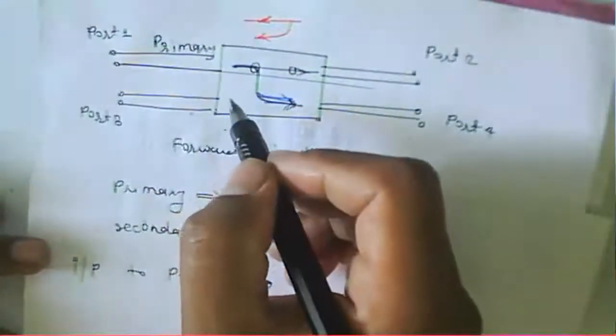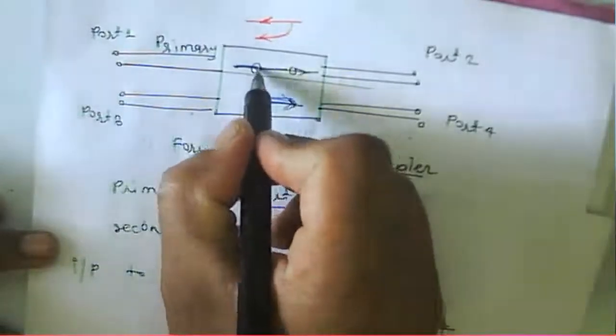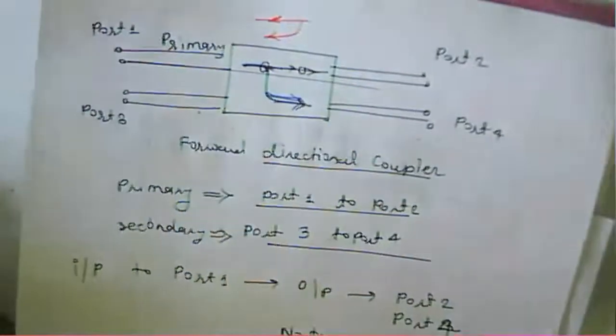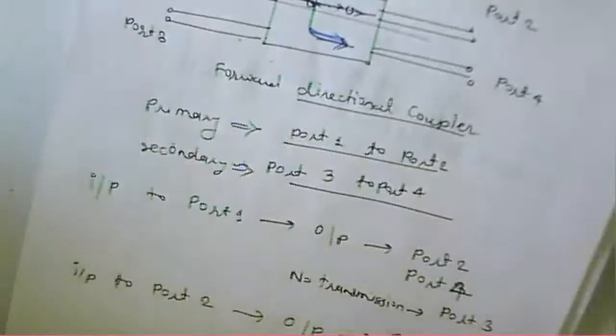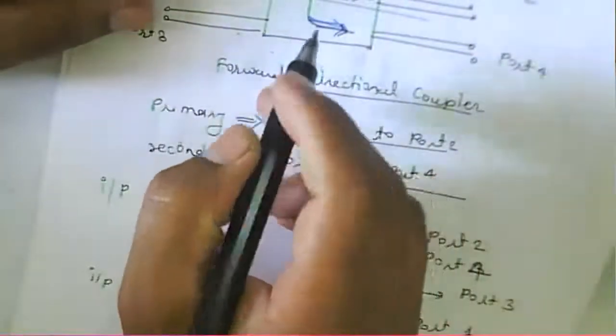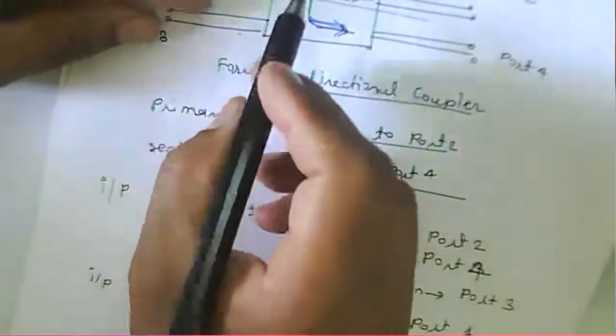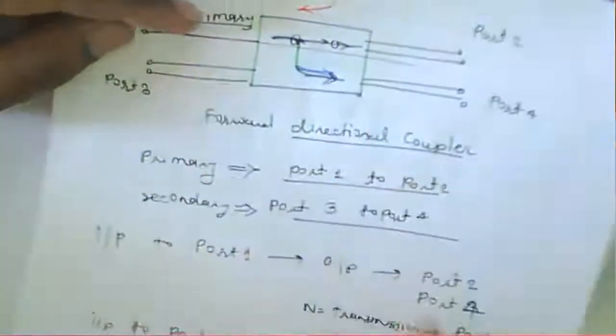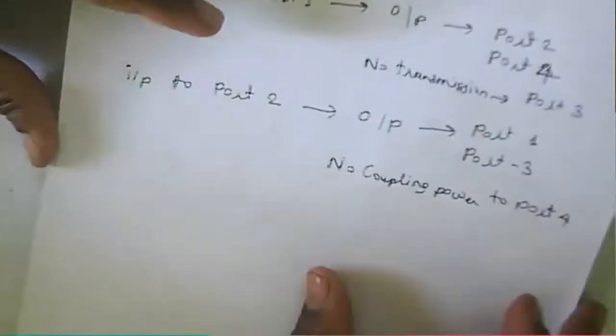So the difference between the holes depends on the guide wavelength, and on how many holes we have. According to that, we consider the spacing between the holes.